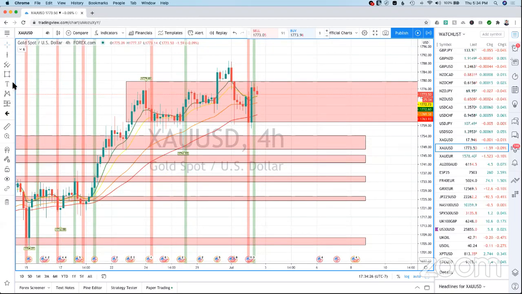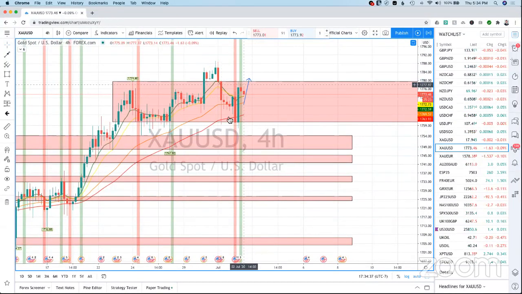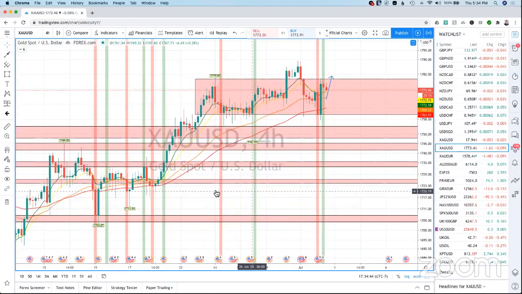So the thing is, what you want to anticipate before entering this trade, or if you're already in the trade, is you want to wait for price to break above the zone right here, because this would confirm that it's broken out of the zone and it's not allowing the bears to take over. So this is an example.